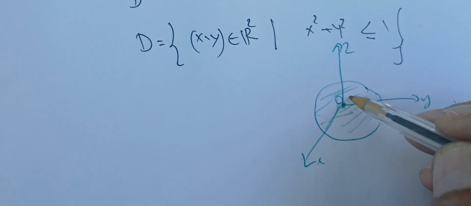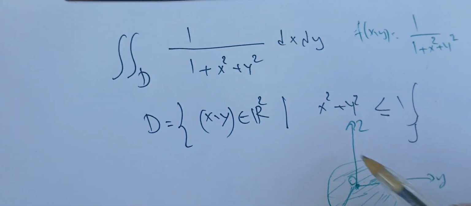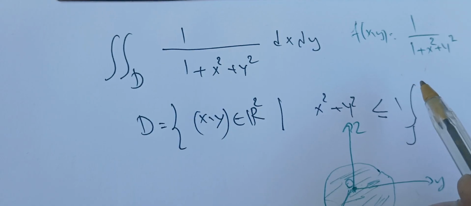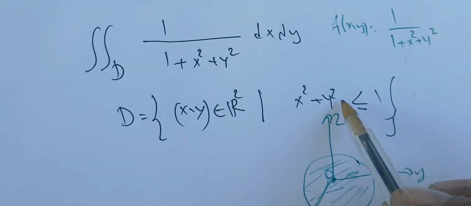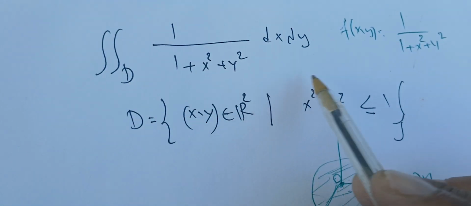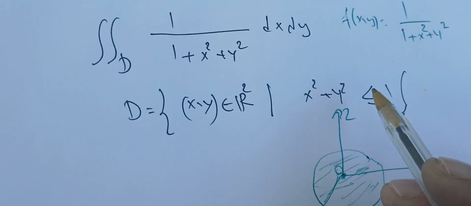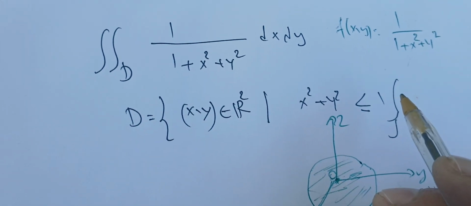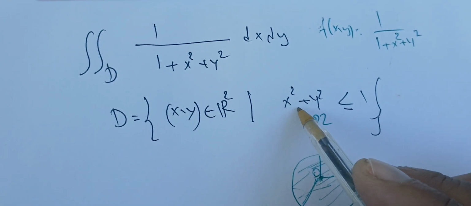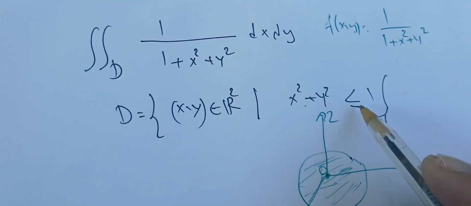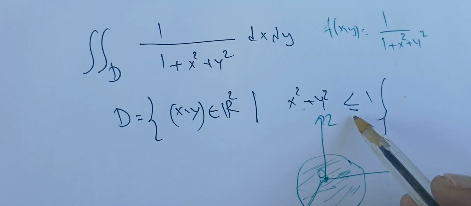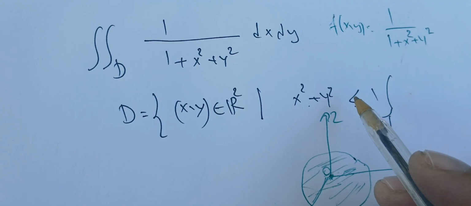In our case now, to make this integral easy, we're going to switch to polar coordinates. Here it's not easy to integrate without polar coordinates, because we would have to fix x and change y. In this case, x is going to be between -1 and 1, and y is going to change between two functions.